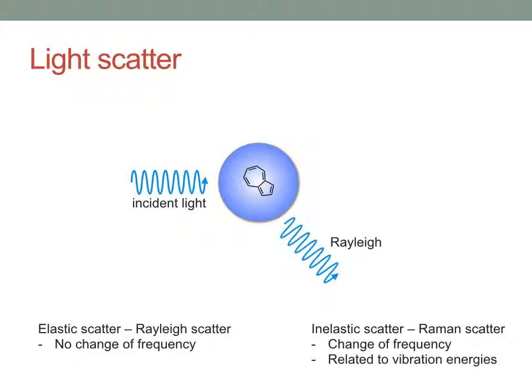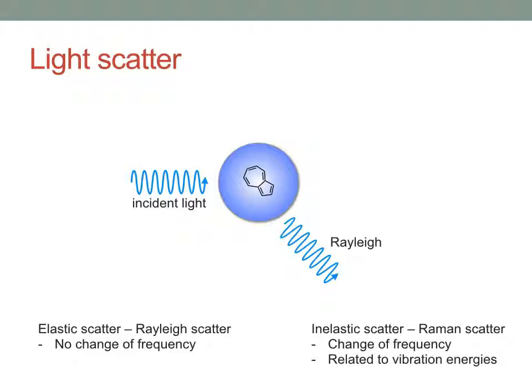So it's something that we see in fluorescence quite a lot. There is no change in frequency. The reason I see it at twice and half is just because of some peculiarities of the optics. But for Rayleigh, there is no change of energy of the incident light.